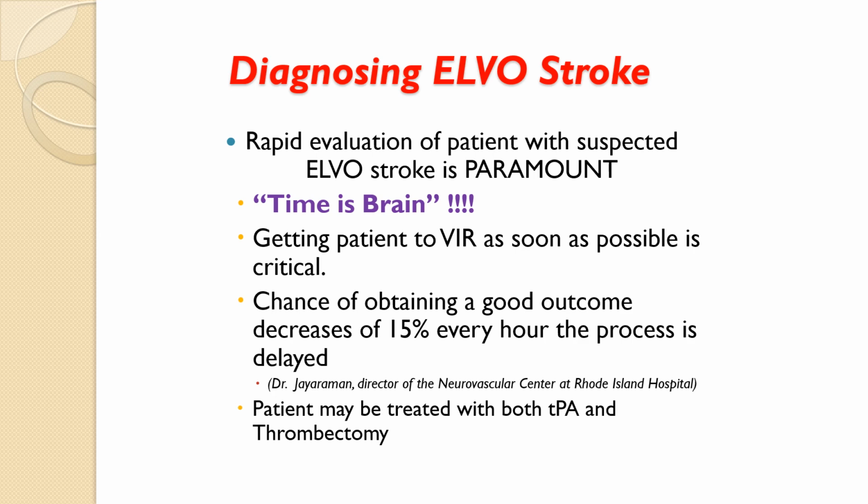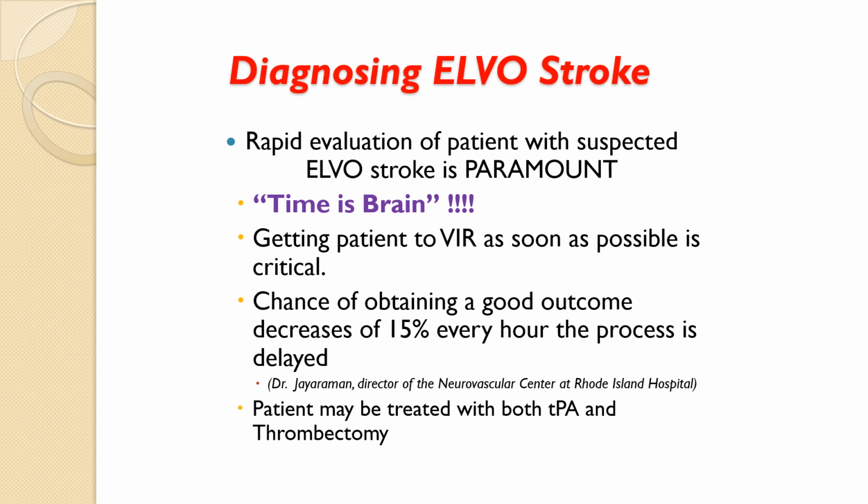Or if a patient is not a candidate for TPA, we can bring them to VIR, which is that interventional radiology department. And we figured out that for these big strokes, the big vessels, we can actually go through interventional radiology, insert a catheter into a large vessel, right? Snake the catheter up to the area of occlusion, and we can actually physically remove the clot.